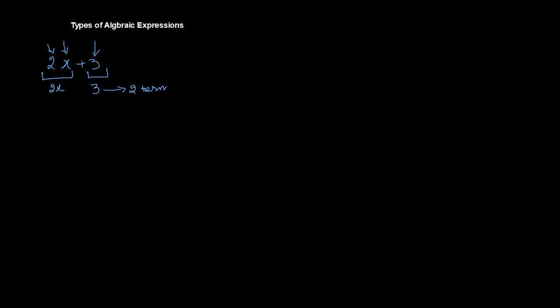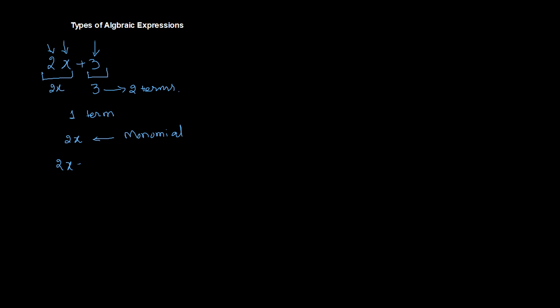Remember that. Now let's try to understand types of algebraic expressions based on terms. If I write an expression with just one term, there are no other terms, 2x, then this is called a monomial. A monomial is an expression which has only one term.